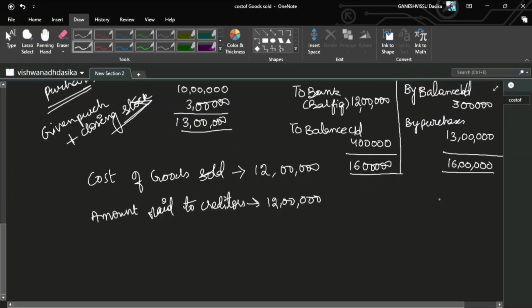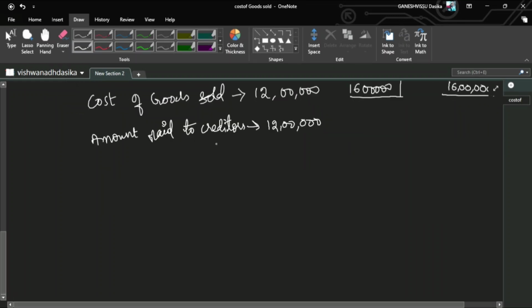Okay. So this is the first illustration. Now we are going to deal with the second. Let us now see.